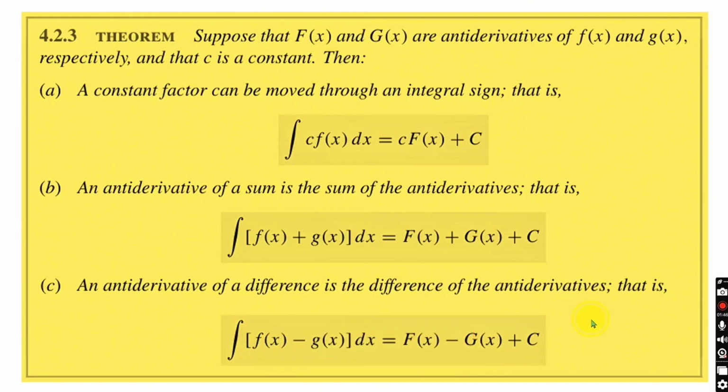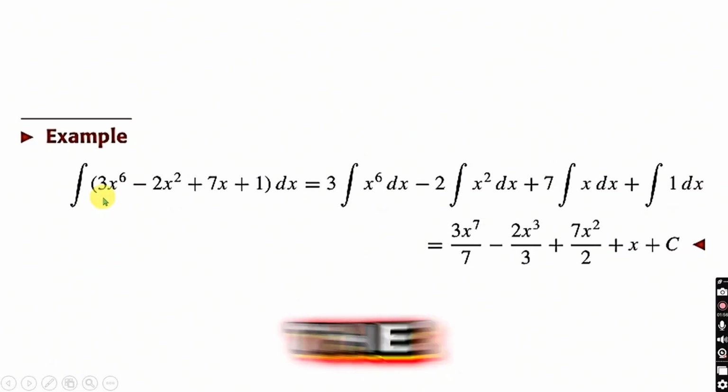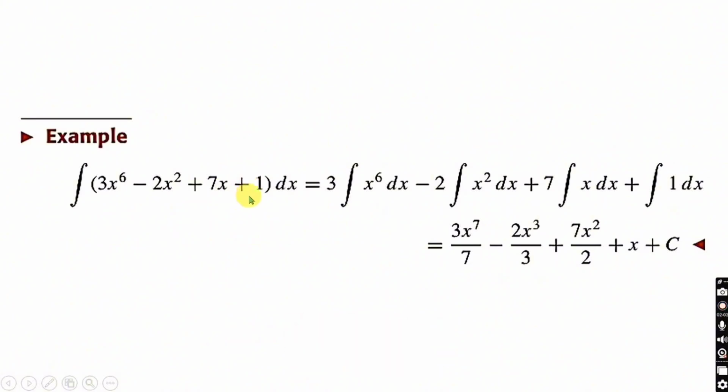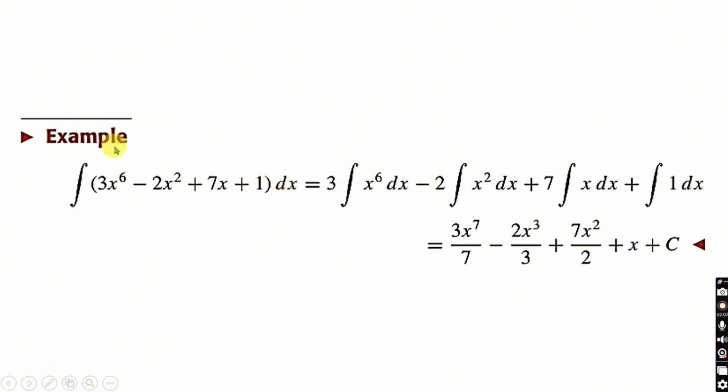For example, let's find the antiderivative or the indefinite integral of the quantity 3x raised to the power of 6 minus 2x squared plus 7x plus 1 with respect to x.